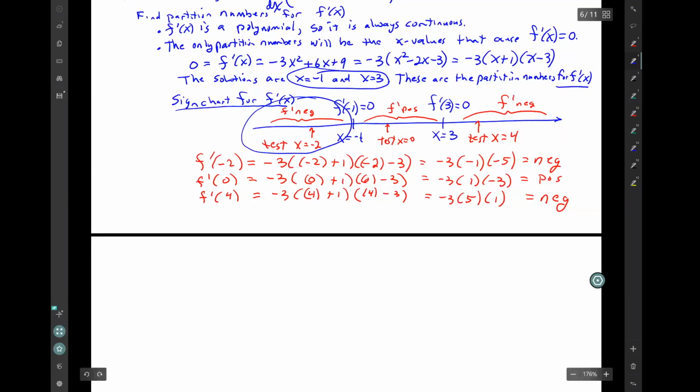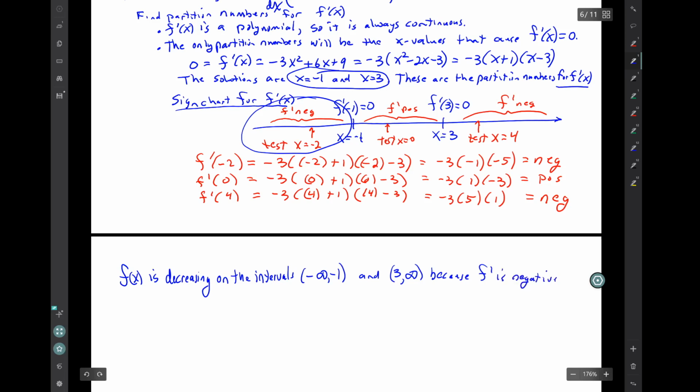So the fact that f prime is negative on that whole interval tells us that f is decreasing on the interval. We want to state that clearly in a sentence. So I state that f is decreasing on these intervals because f prime is negative.